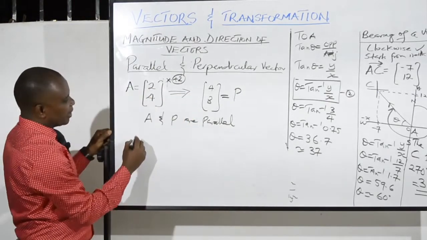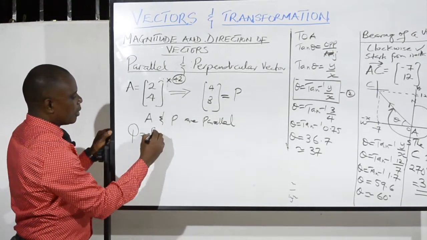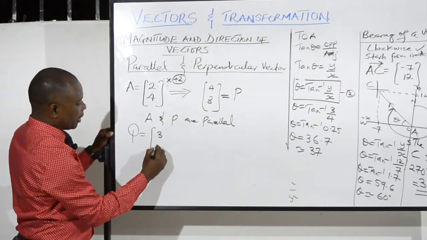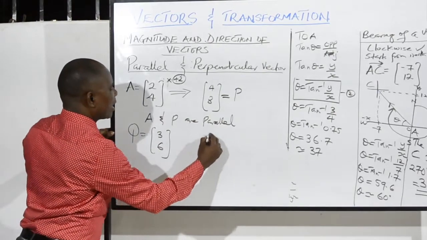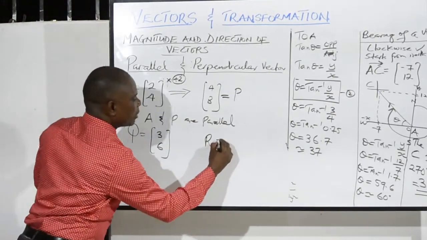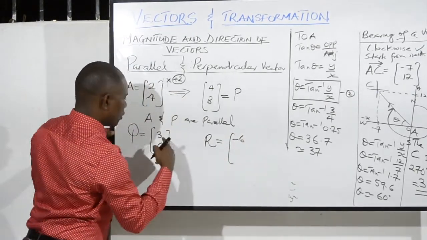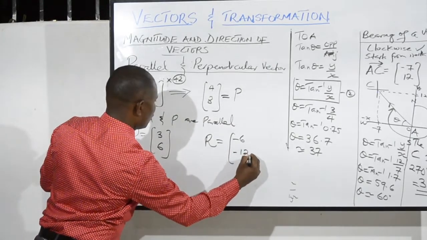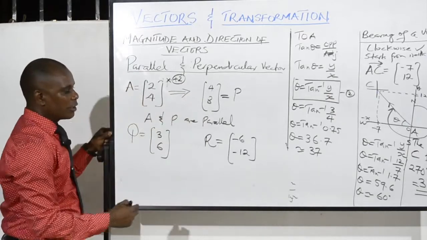Conversely, let's say I have a vector Q, which is 3 and 6. Now I want to find R. If R is minus 6 and minus 12, how did I get R?